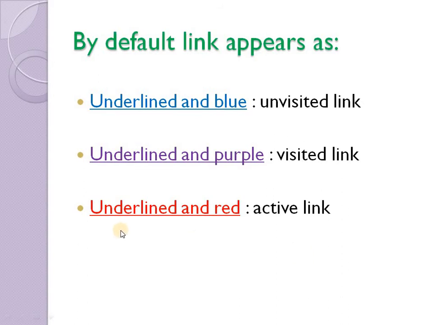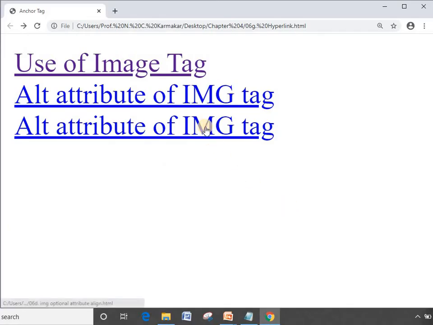Now the next, underlined and red. We also saw this when we clicked on the first link. The moment you click, it becomes red in color because that link is active. You have clicked there, a click event is generated, that's why it becomes red. See once more. We are going to click on the third link. I have pressed the left click, that's why the color is still red.